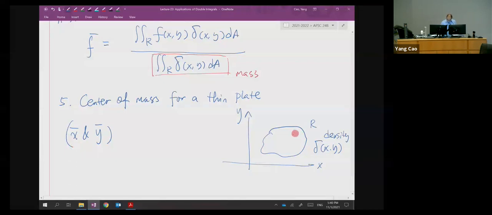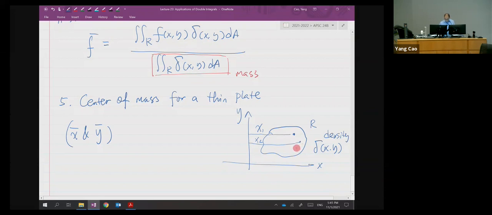For example, if I pick a small location right here, with reference to the Y-axis you have this much distance X. If you pick another location, you have another distance of X. Let's say this is X1, this is X2, purely determined by the actual location of that point within the region R.